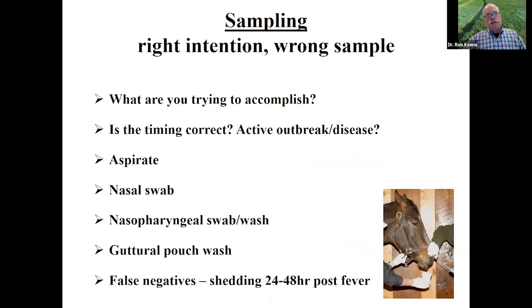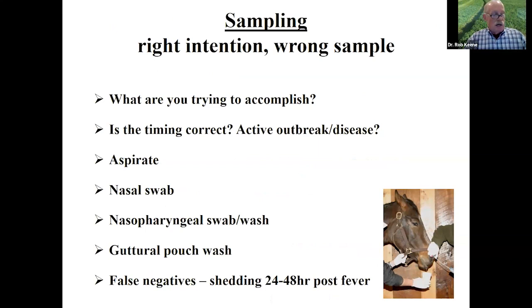This is really my only slide on the sampling. As I sort of alluded to, with these outbreaks and the quarantine possibilities, and state veterinarians, and everybody's sort of freaking out, a lot of times we don't do ourselves any favors by the kind of samples that we're trying to obtain.